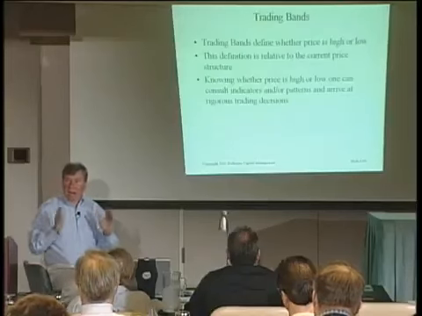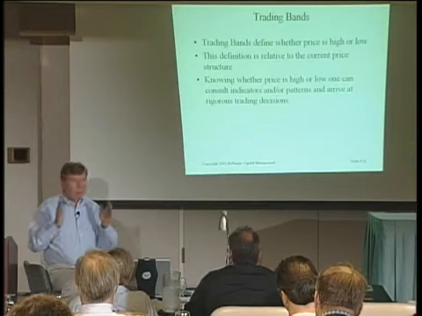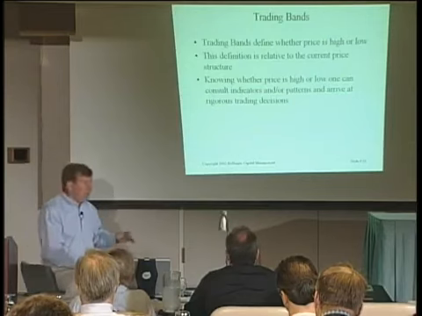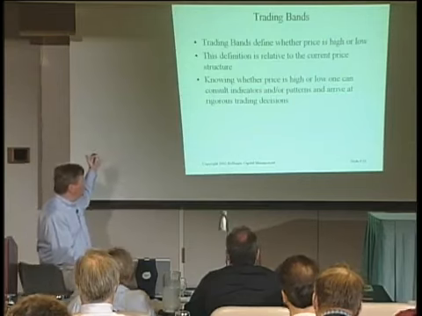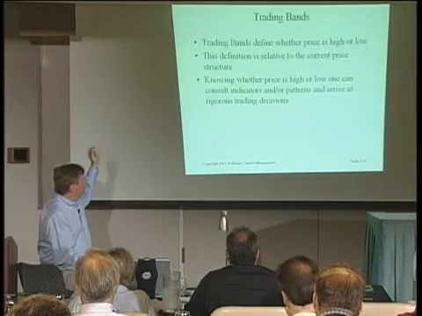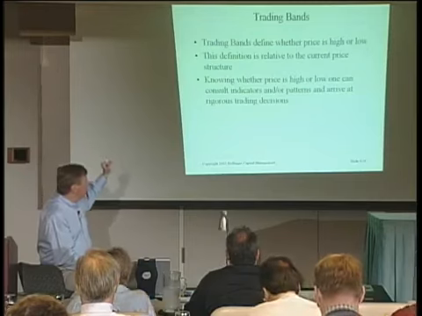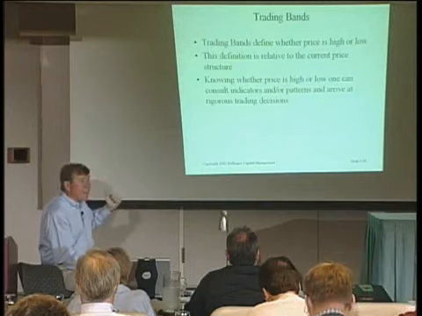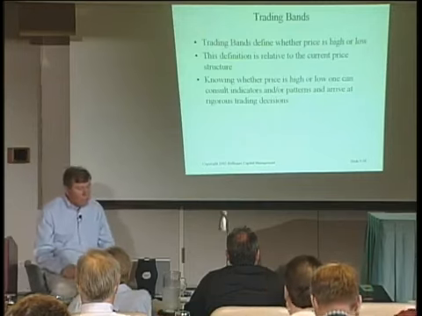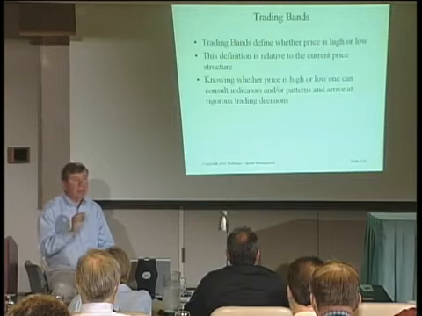So the entire reason for using trading bands is to get a handle on this definition. Trading bands define whether price is high or low, and that definition is relative to the current price structure.